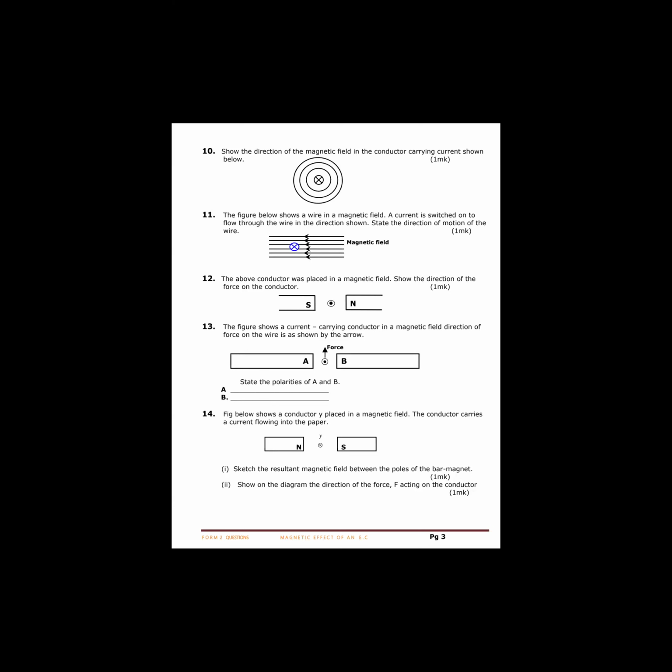If you know the rule, you know the answer. If you don't know the rule, you don't know the answer. Give the answer in terms of clockwise or anti-clockwise.